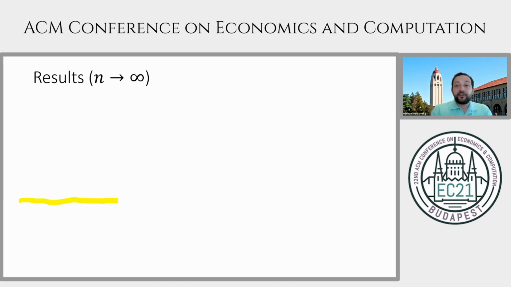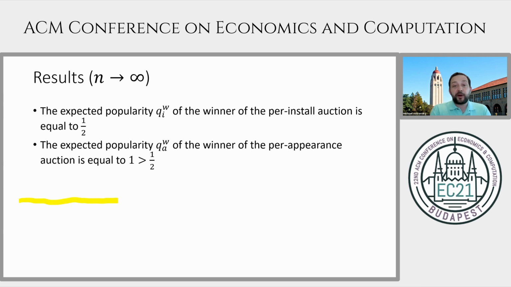All right, now the results when n goes to infinity only get stronger. The expected popularity of the winner of the per install auction remains at 1/2, whereas the expected popularity of the winner of the per appearance auction converges all the way to 1, right? If you have a lot of draws from two uniform distributions, the winner is going to be the search engine that gets a high draw from both of those.